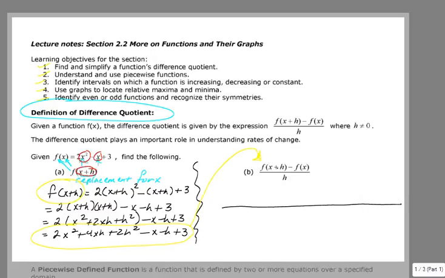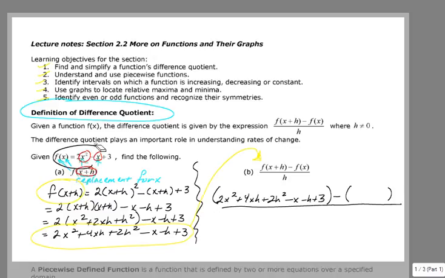I'll go ahead and put the f of x plus h result that we had over here, which is 2x squared plus 4xh plus 2h squared minus x minus h plus 3. So I'll put that quantity in first. Then I'm going to subtract from it f of x. Well, what is f of x for this problem? Well, it is this guy right here.